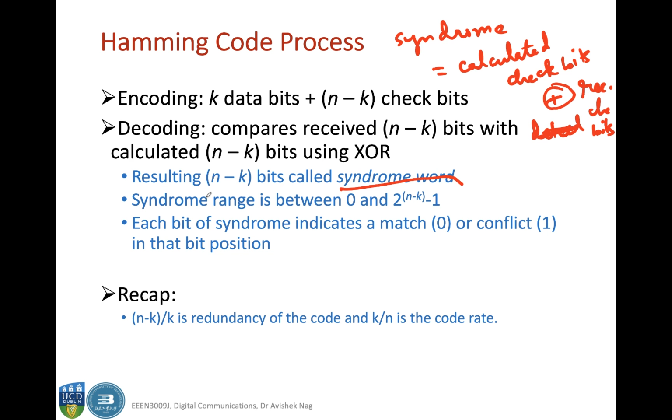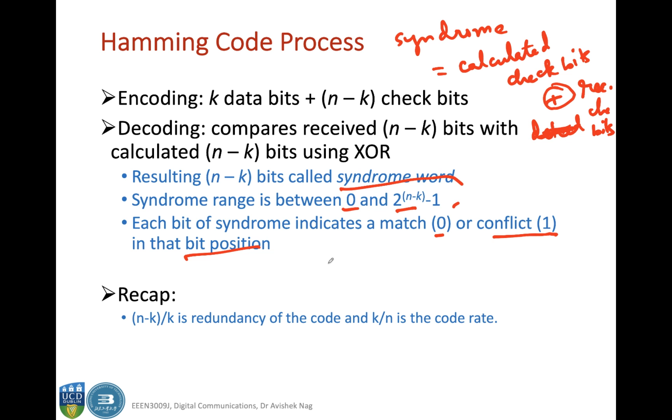The syndrome will be n minus k bits also, and the syndrome range is between 0 and 2 to the power n minus k, minus 1. And each bit of the syndrome indicates a match or a conflict in that bit position.